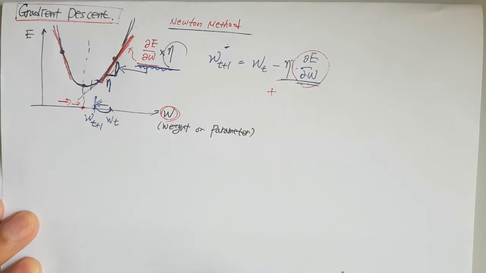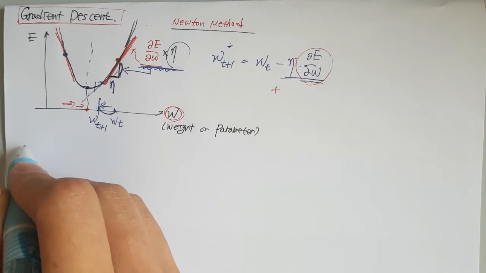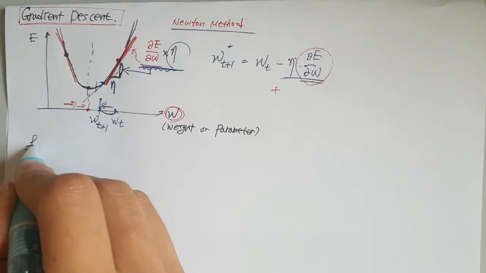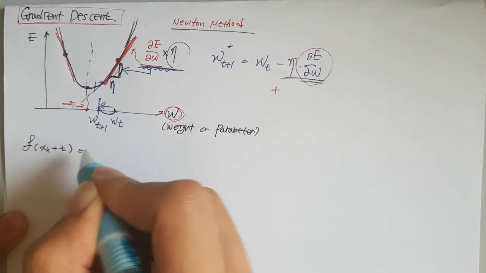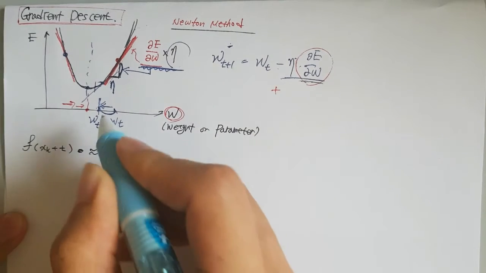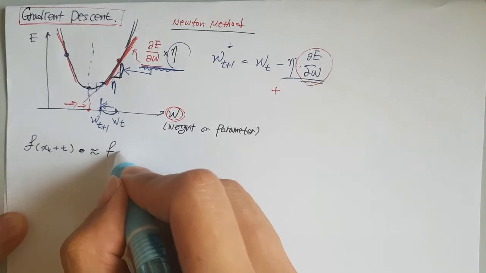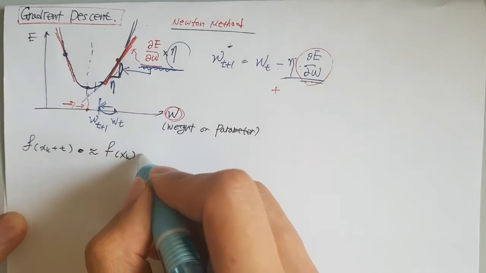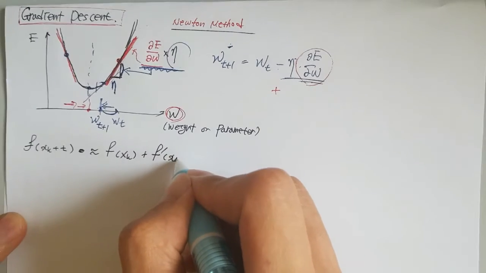Therefore, we would use Taylor series up to second order. So let me briefly explain the concept of this theory. So if f(xk + t) is approximated by using Taylor series in second order, then it will look like this.